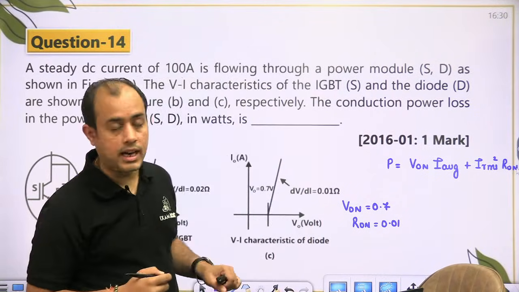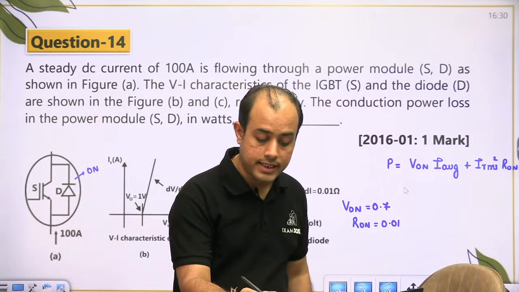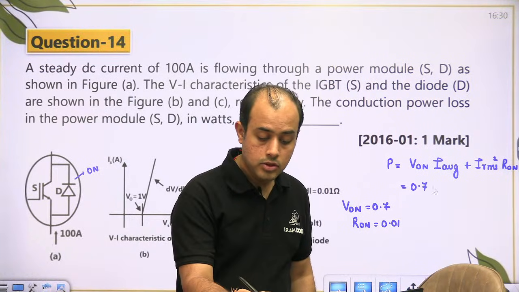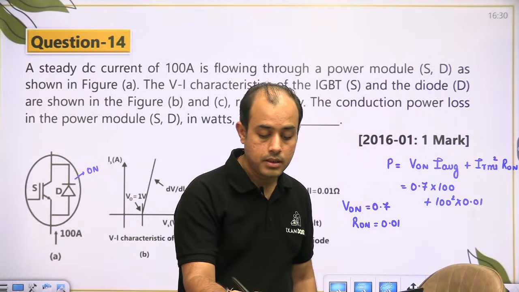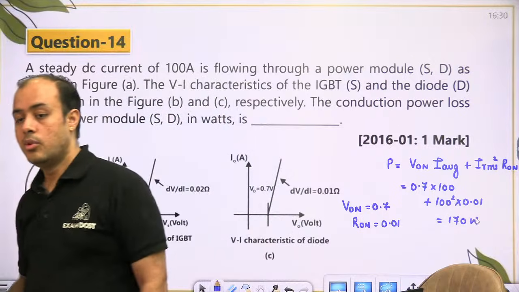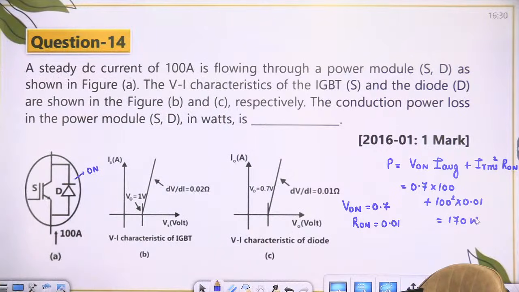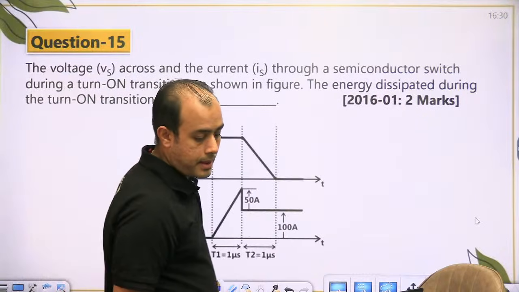Now we know beta that current is 100 ampere, it is constant. So for constant current, average and RMS are same. So that is 170 watt. Simple. 170 watt. Average and RMS are same for constant current.